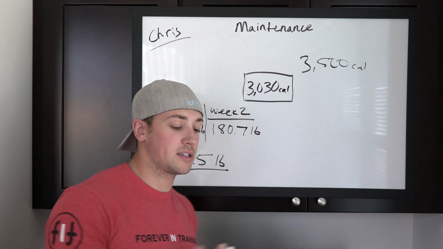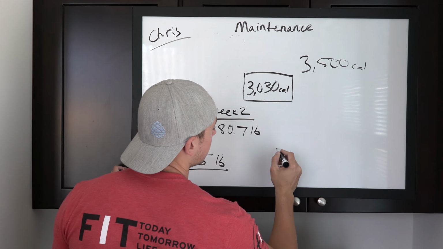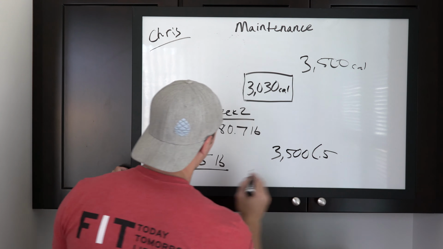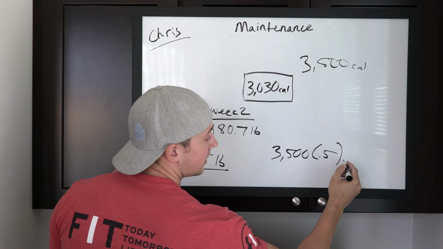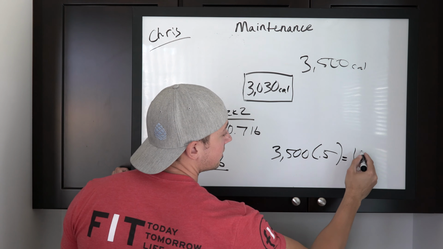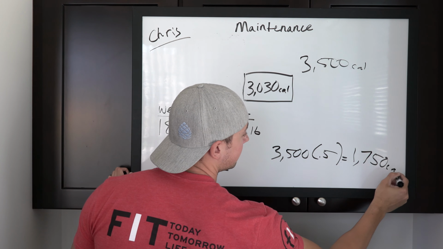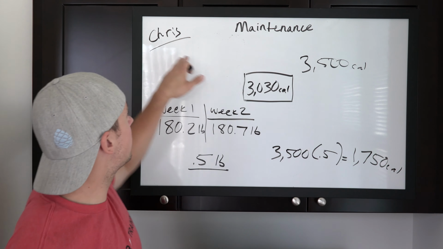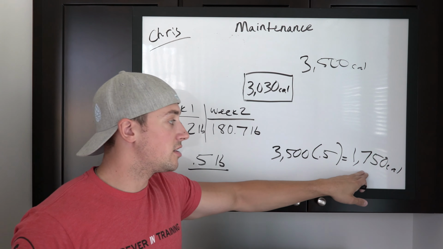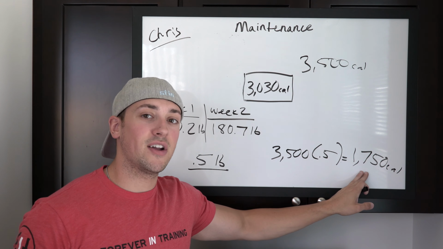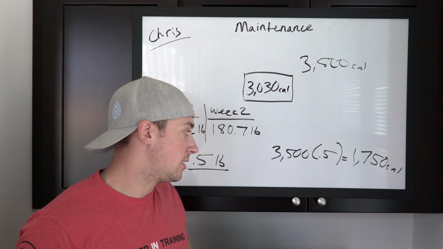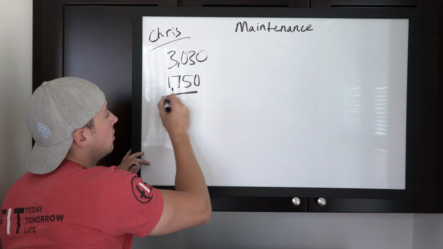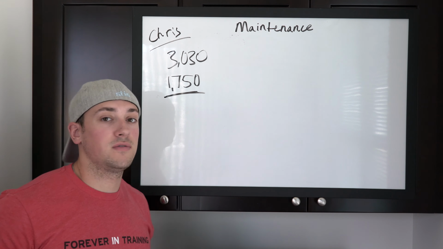Because we know that works, we're going to multiply 3,500 by 0.5 and we get 1,750 calories. What does this number mean? This means Chris is in a surplus of 1,750 calories. So now we know Chris's caloric surplus per week, which is a total of 1,750 calories.